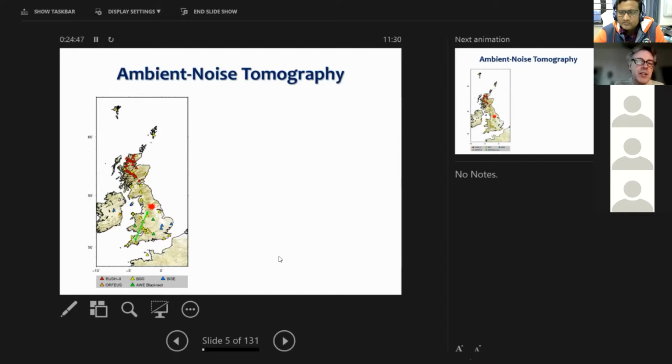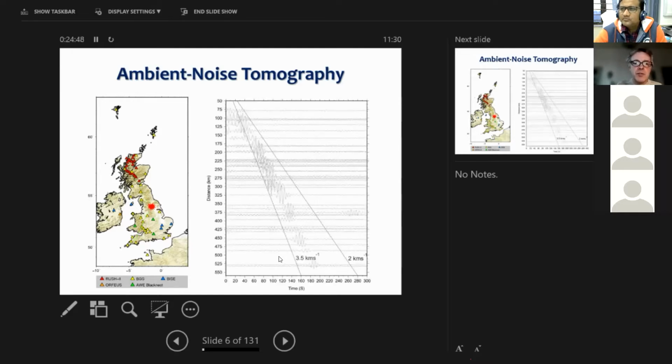And then we can just line those virtual source recordings. These are the actual estimates of seismograms that we get out from this virtual source. And what you can see is we've lined these up with distance from the source. So we've ordered them by the distance away. And so we can see this arrival carrying on down through the data. And this is a surface wave.